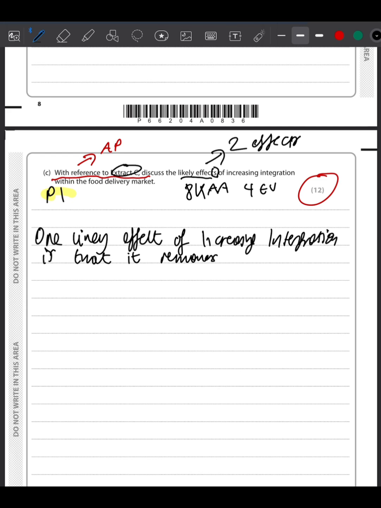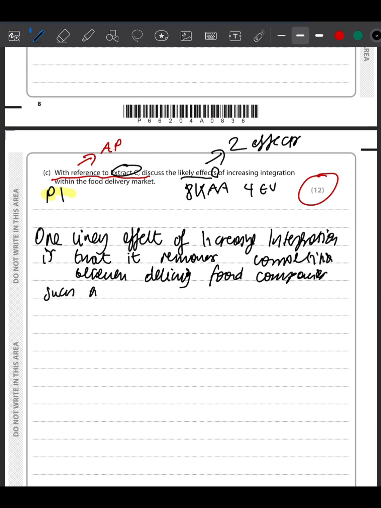that it removes competition between delivery food companies such as Uber Eats and Just Eat, for example.